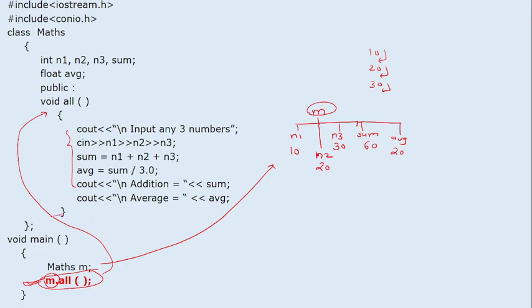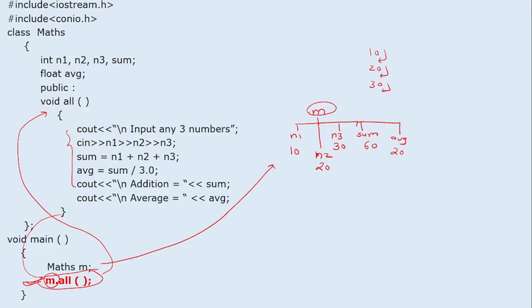At the end of the function, it comes back to the calling program, and then the end of the main program. Now if you check this member function, we have done three actions.